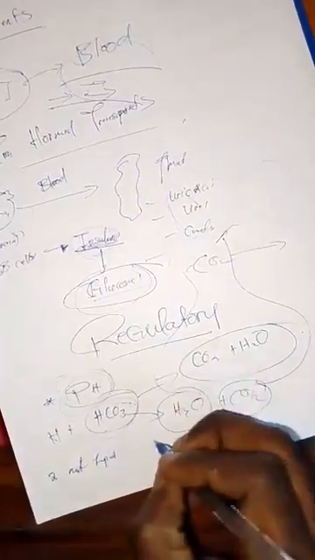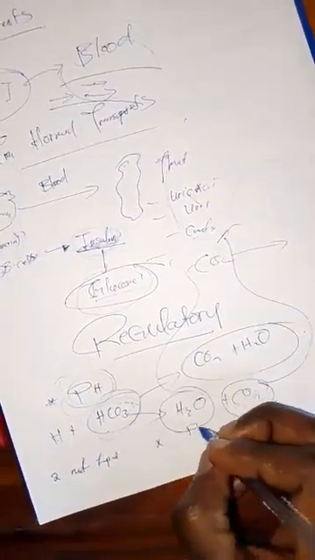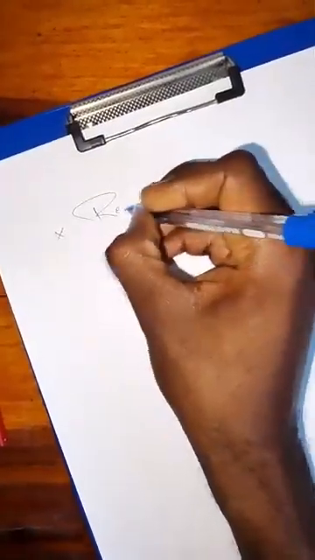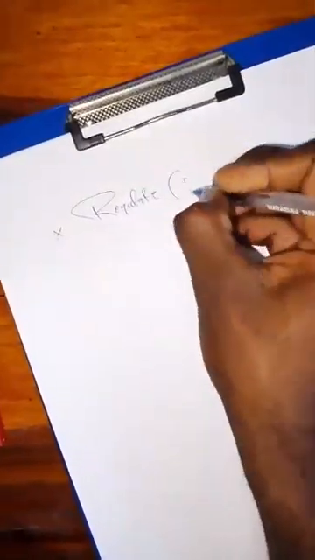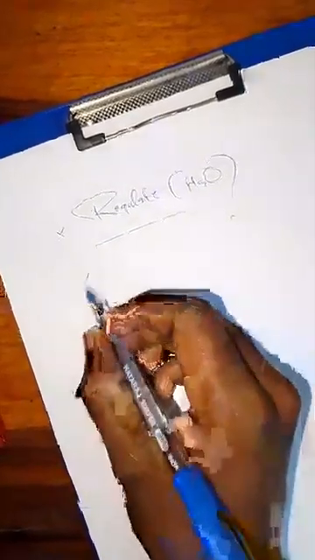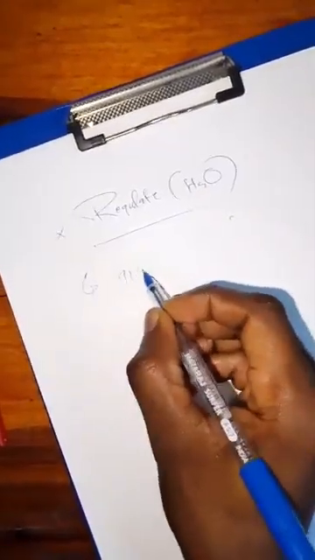Then apart from that, it also tends to regulate and maintain the water content. So the blood has a specific amount of water, and we looked at plasma, where we have about 91.5%.